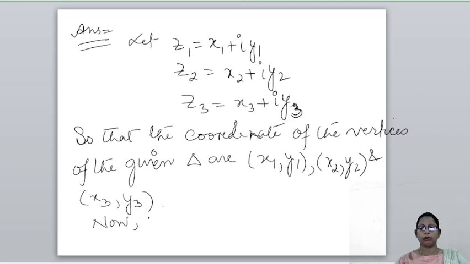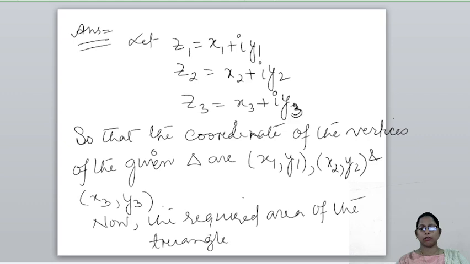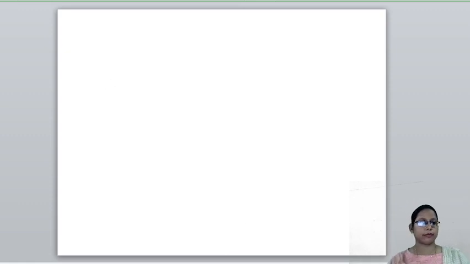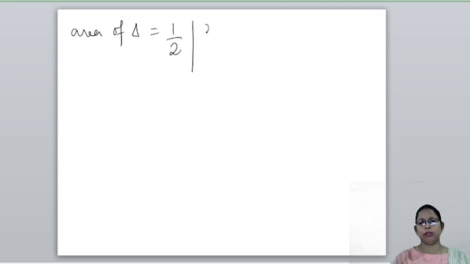Now the required area of the triangle is given by, using the formula for the area of a triangle whose three coordinates are given, area of triangle equal to 1 by 2 determinant of x1. By using the formula in determinant form, we get this one.